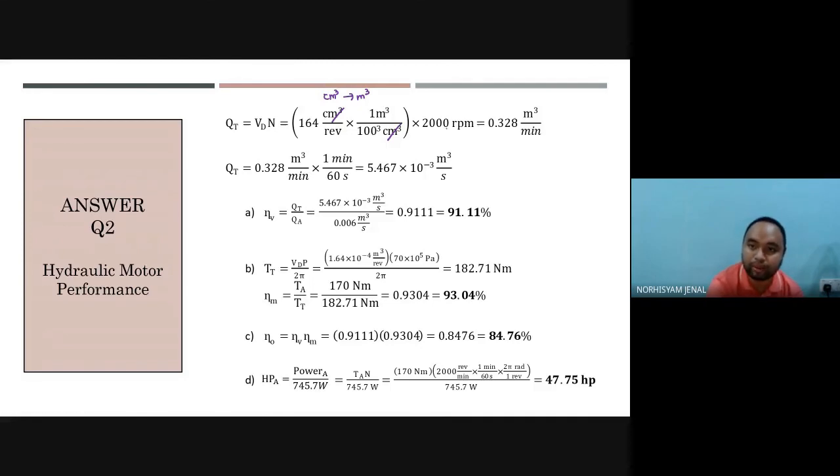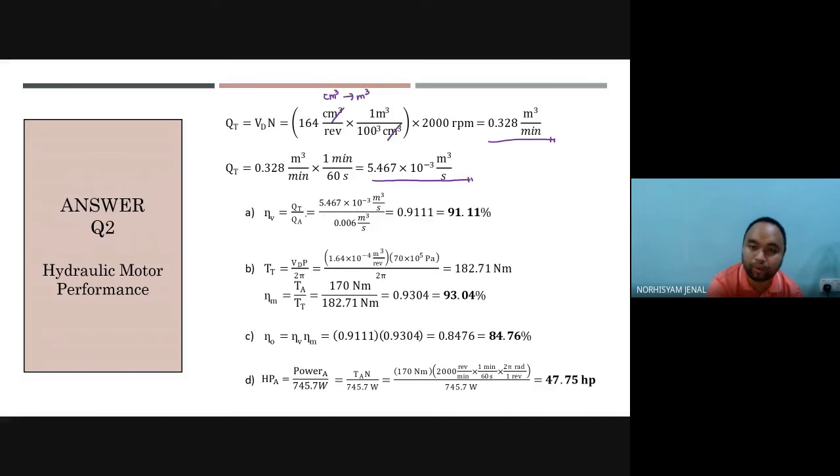Then multiply with 2000 RPM, you get the answer in meter cube per minute. However, your QA is in meter cube per second, so change your QT from meter cube per minute to meter cube per second. So this is the answer for QT in meter cube per second.